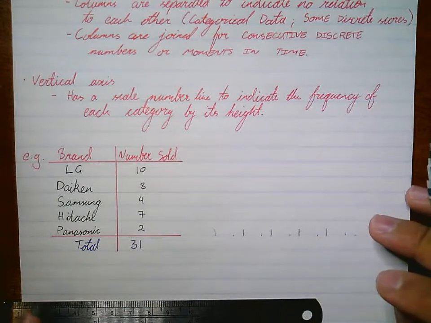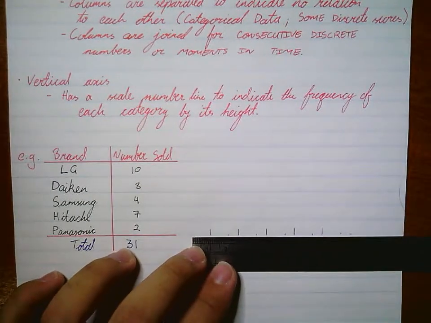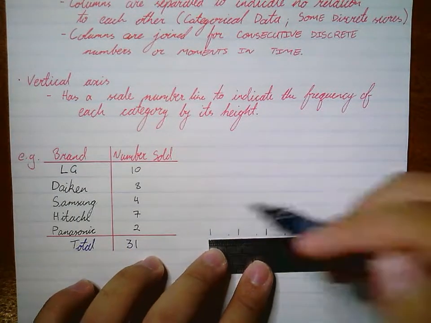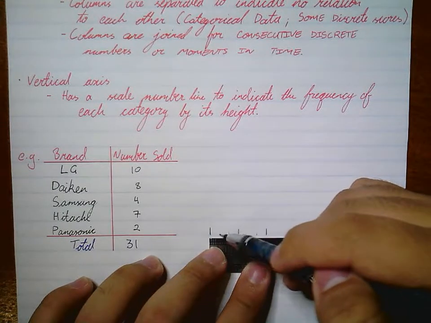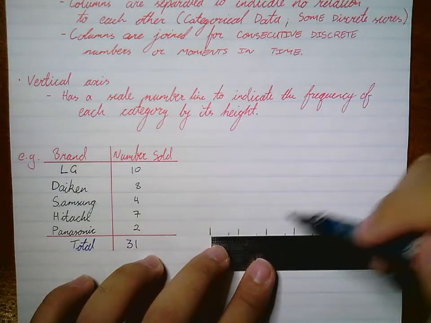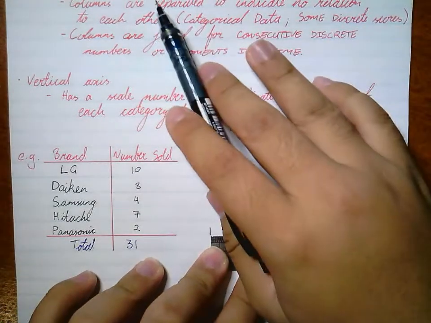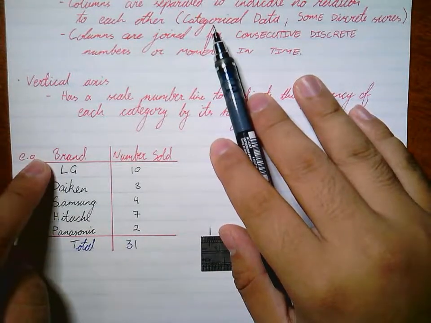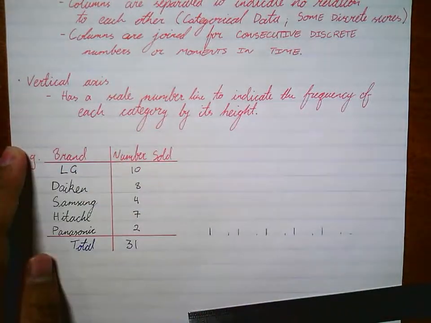And what I like to do first is I want to make my columns. So each of these, between one tall and one short, that's going to be one column. And I made one space in between them because these are categorical data, and since they are categorical, they have no relation to one another.